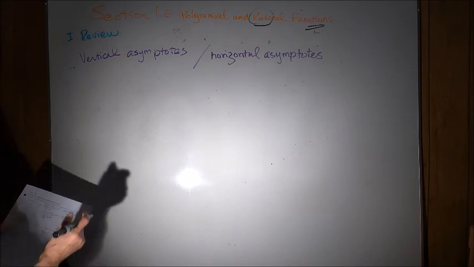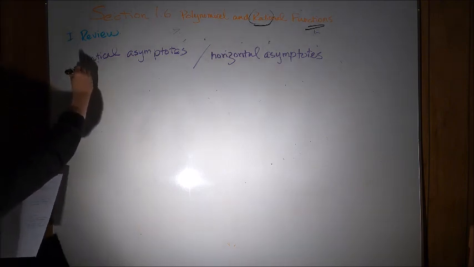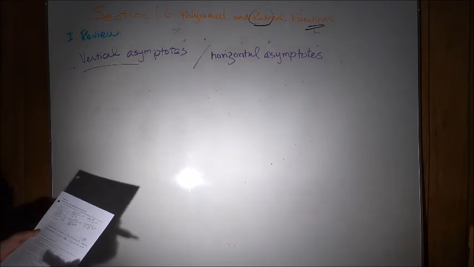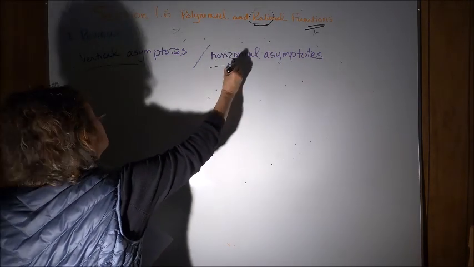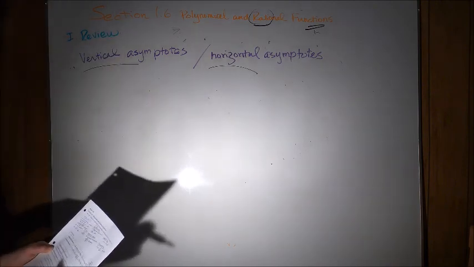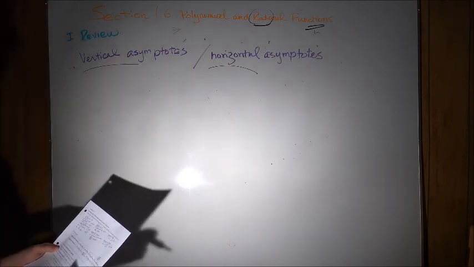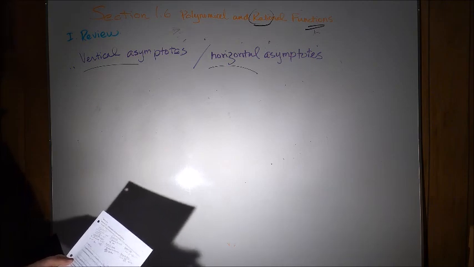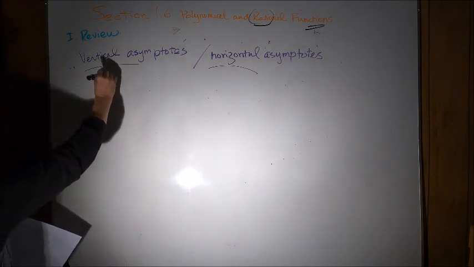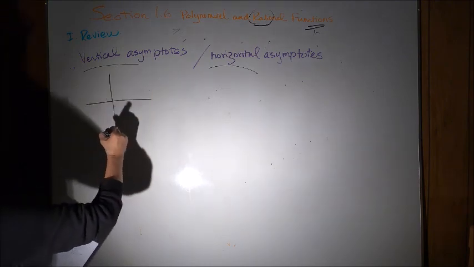Now we are going to talk about something called vertical asymptotes and horizontal asymptotes. What does that mean? Then how we are going to use it? It's like a vertical asymptote if you have a graph.